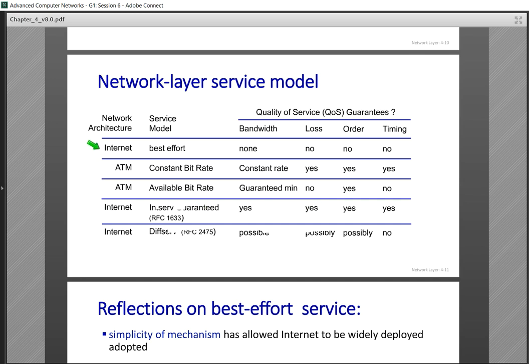We said that the basis of the internet is best effort, so I can guarantee nothing. Okay? But if I use IntServ, I can guarantee everything over the internet. Or even if I use DiffServ, possibly I can guarantee some items.